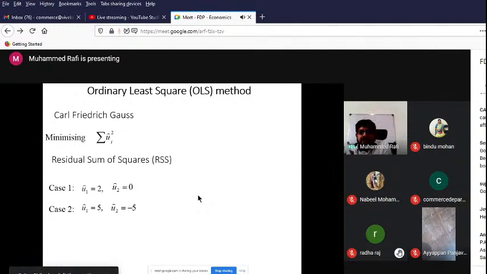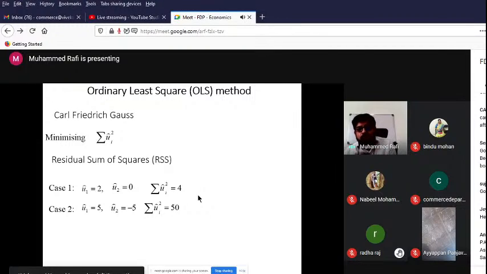So one way is that you can go for taking the absolute value of the error, or you can square them. So if you square the error and take the sum of it, you get 4 in the first case, and in the second case you get 50. That is 5 square plus minus 5 square.